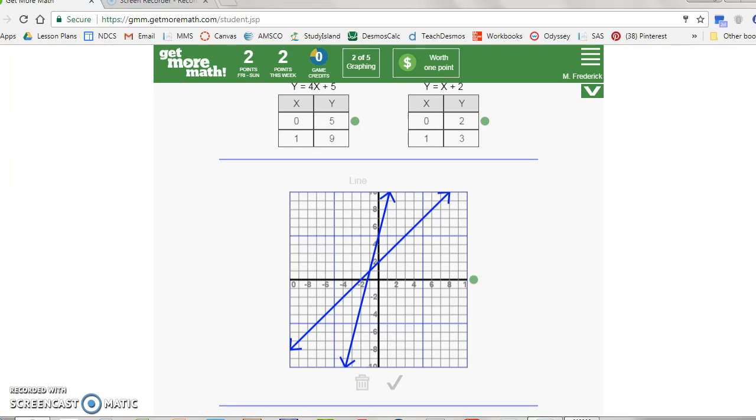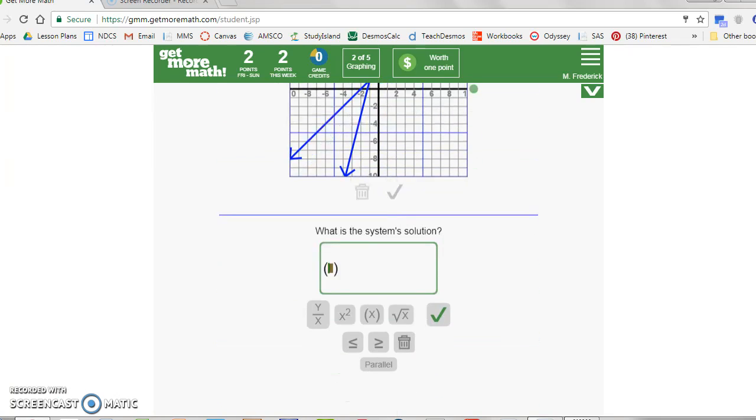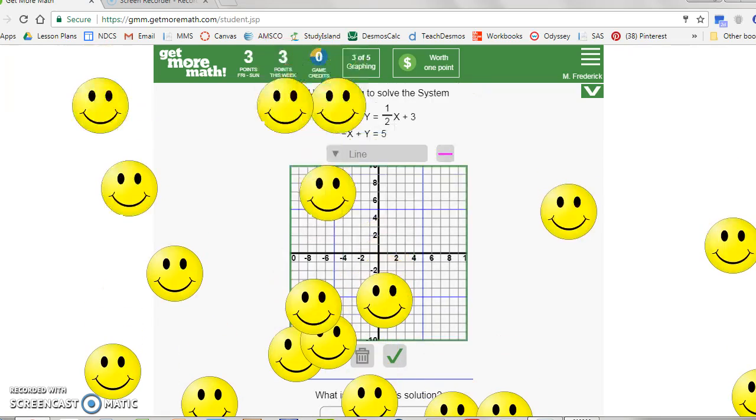And we can check that as well. Again, when our lines do intersect, our solution is that point of intersection, which here is negative 1, 1. So the solution to our system is negative 1, 1.